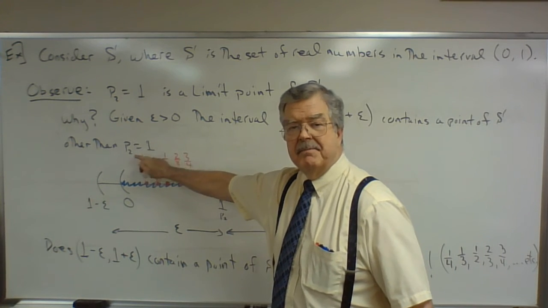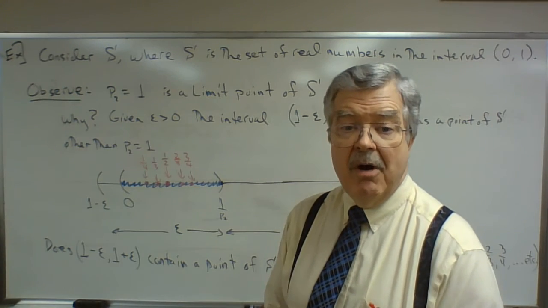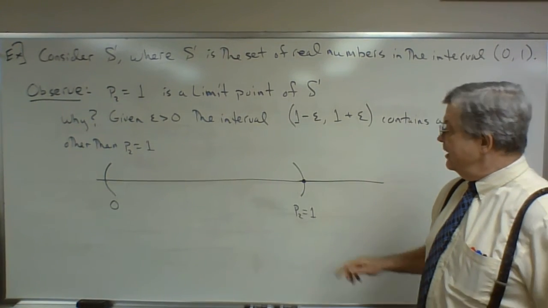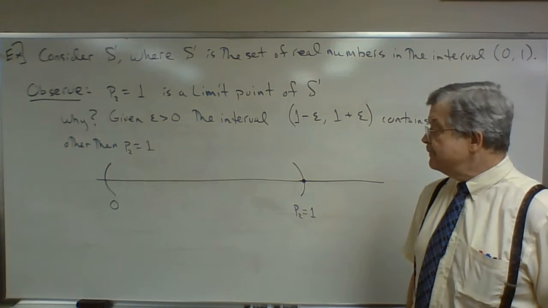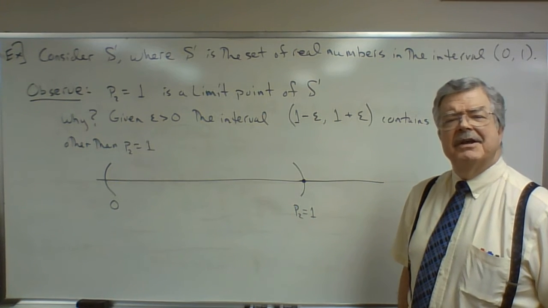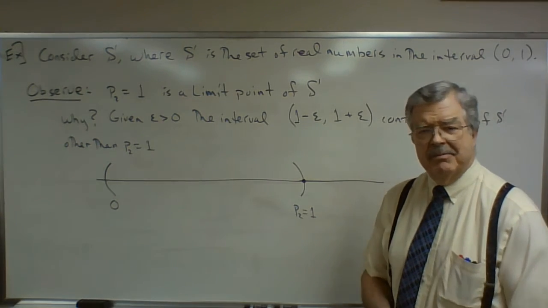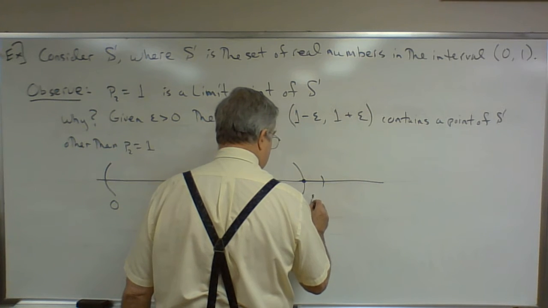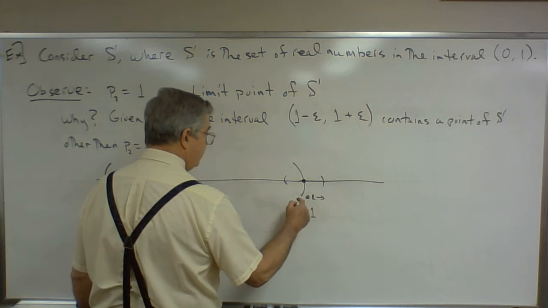Now let's look at another example with this same prospective limit point. And this time we'll let epsilon be very small. But we're still discussing P2 equals 1 as a candidate for limit point of this set. Instead of looking at a really big value of epsilon, let's look at a little teeny value of epsilon. Epsilon's very small.